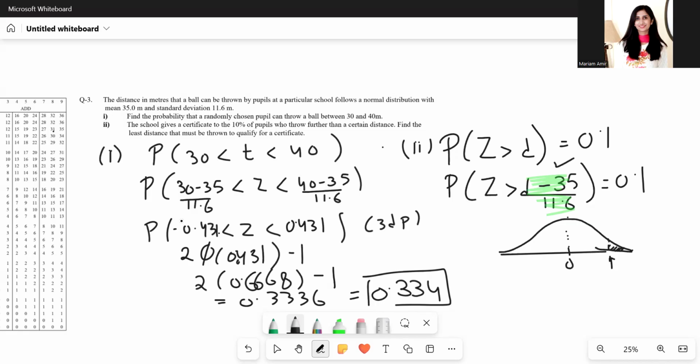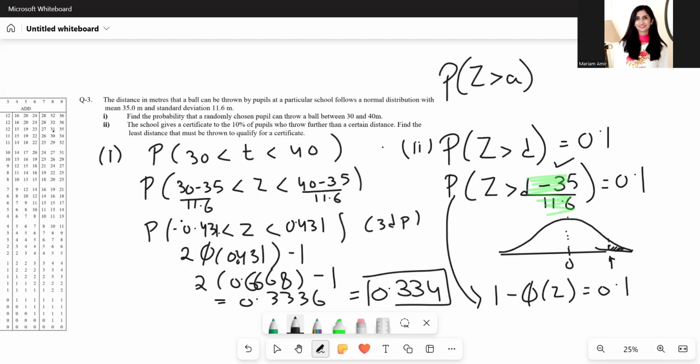So this can be rewritten as 1 minus phi z equals 0.1, because we have the rule probability z is greater than a positive number a equals 1 minus phi a. So we've applied that here.